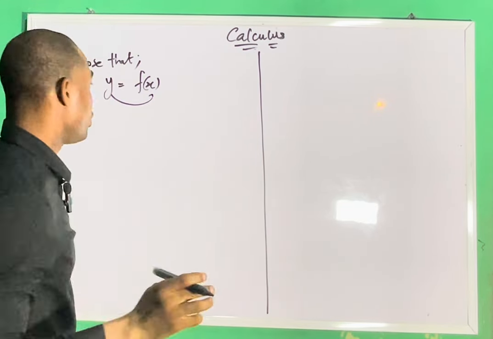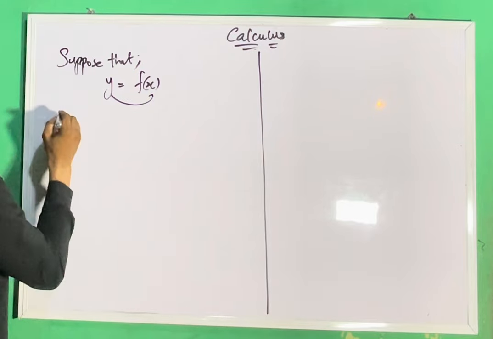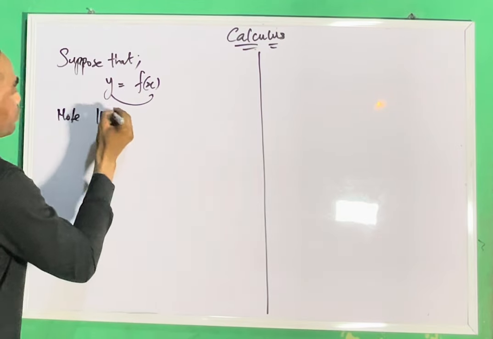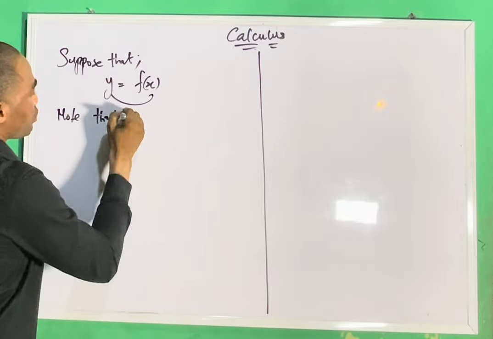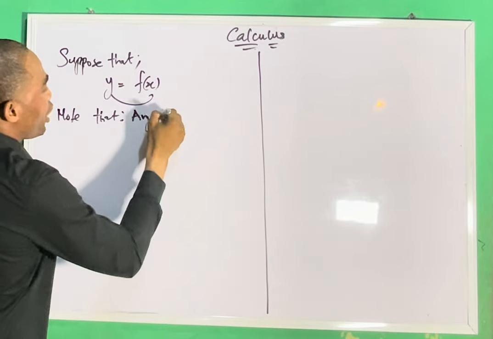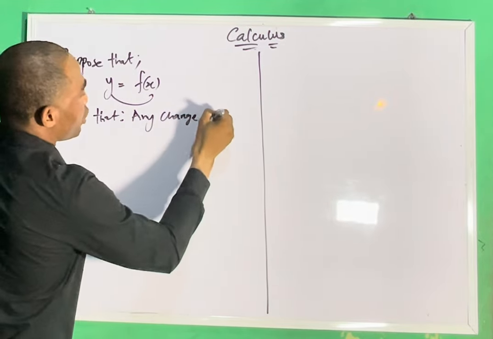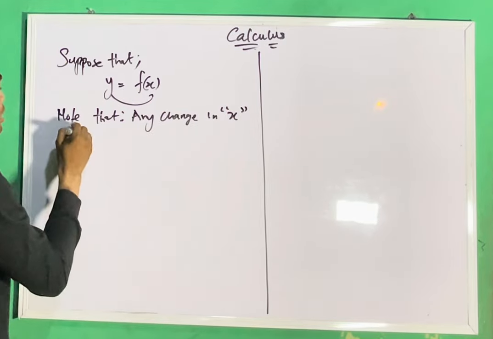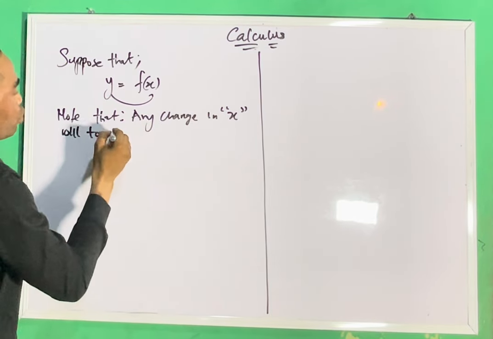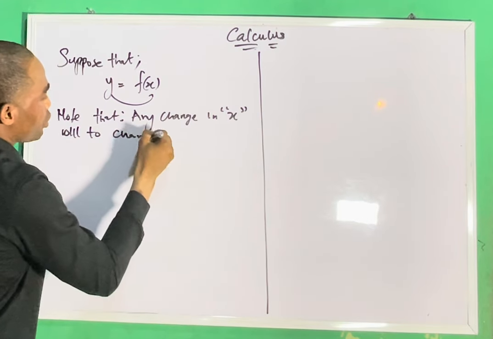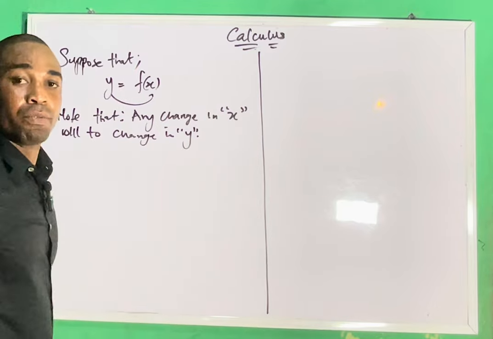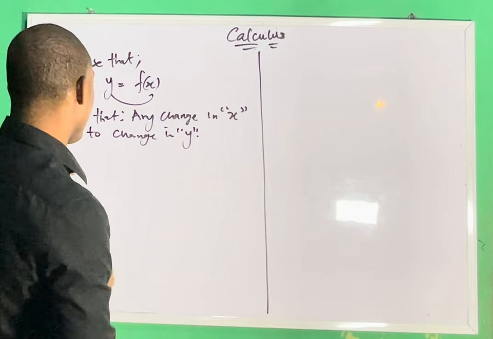So let's state this. Note that any change in x will lead to a change in y, all because y depends on the function of x. That is what we are doing now.